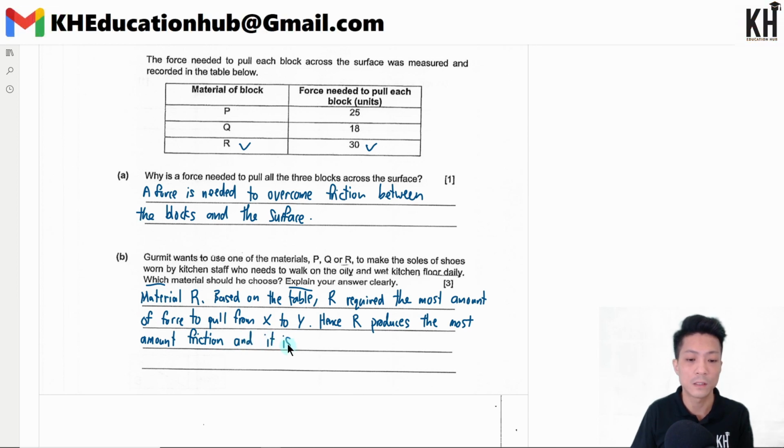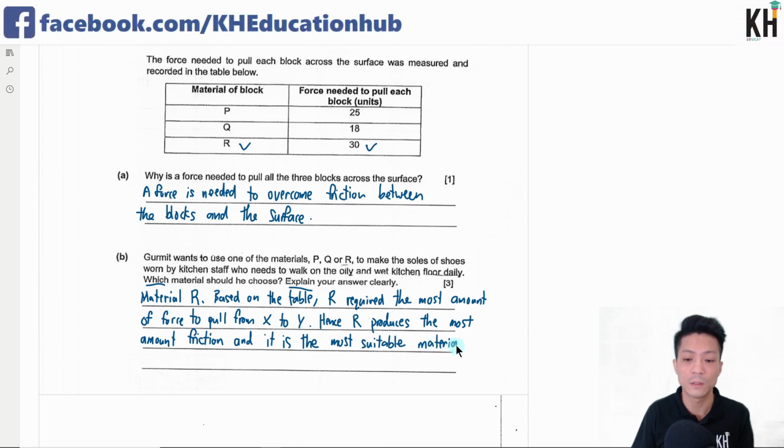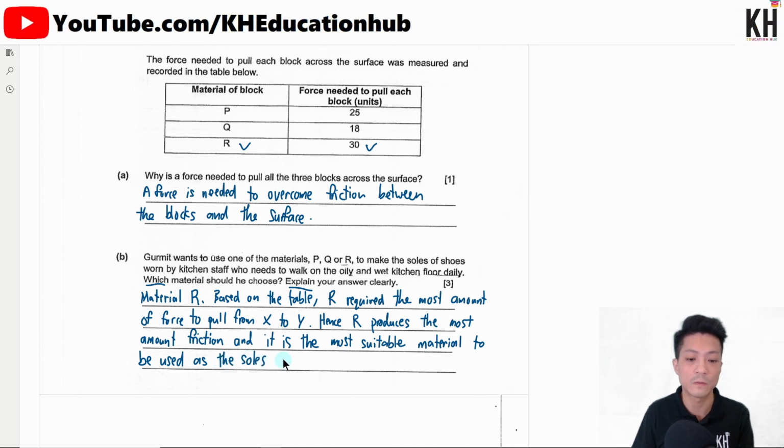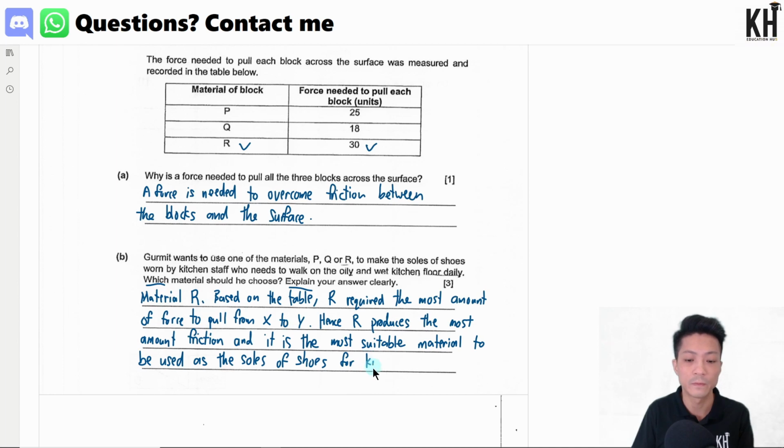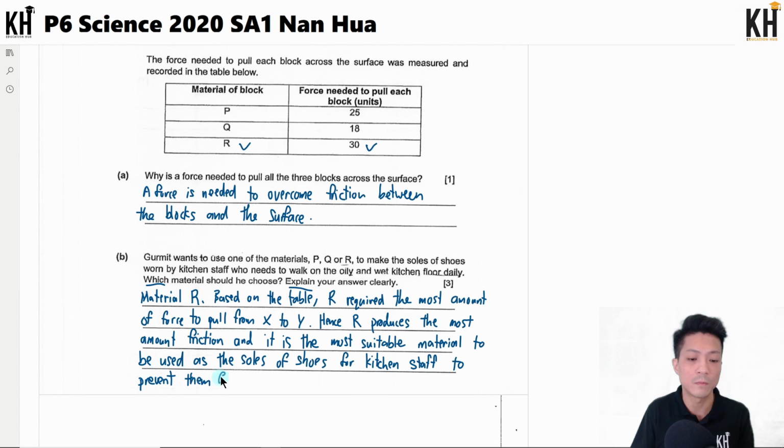And it is the most suitable material to be used as the soles for kitchen staff, to prevent them from slipping and falling.